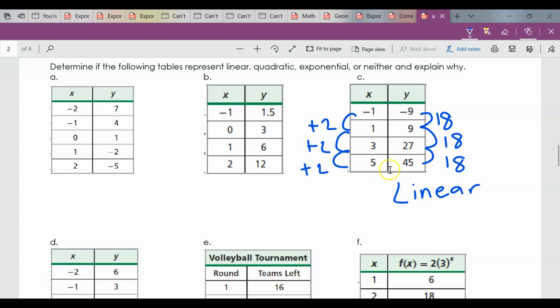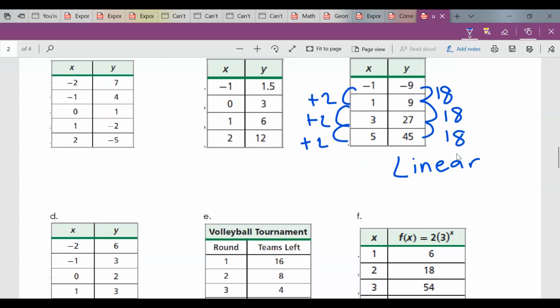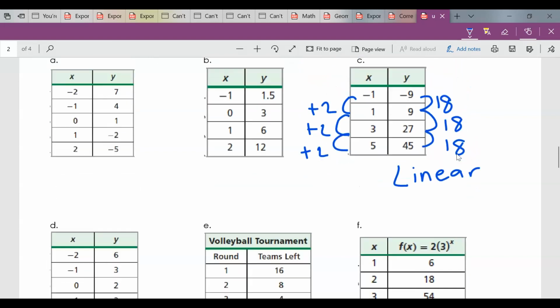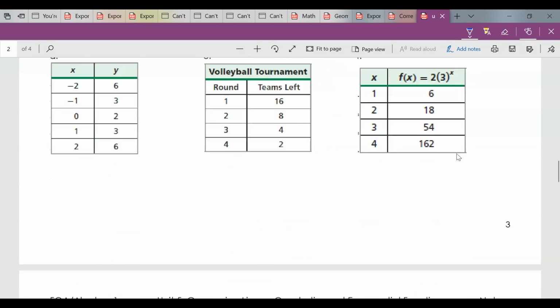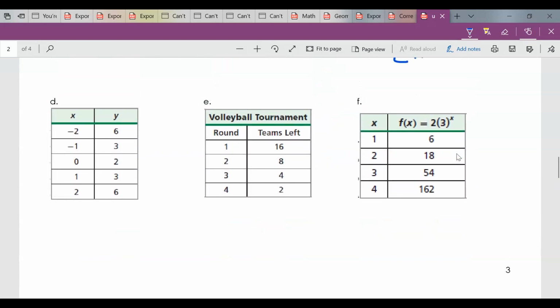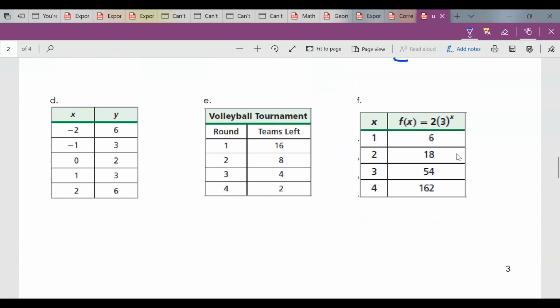Let's look at another one. Let's go ahead and look at E. So in E, let's make sure I'm going up by the same amount here. That's 1. I go up another 1. I go up another 1.